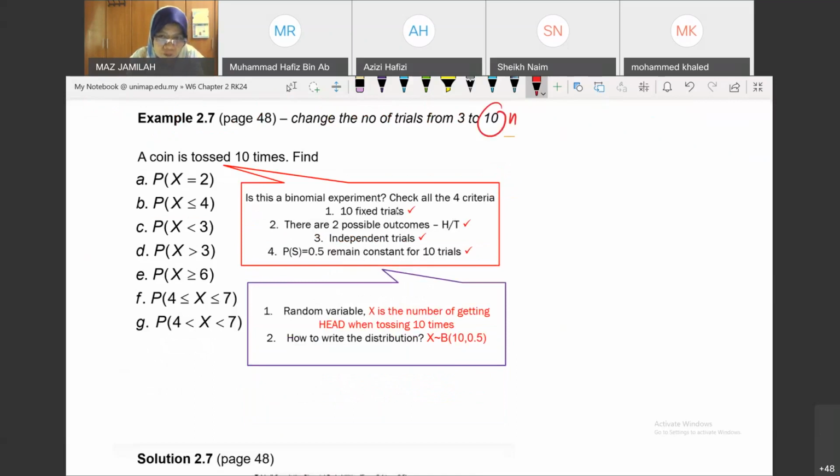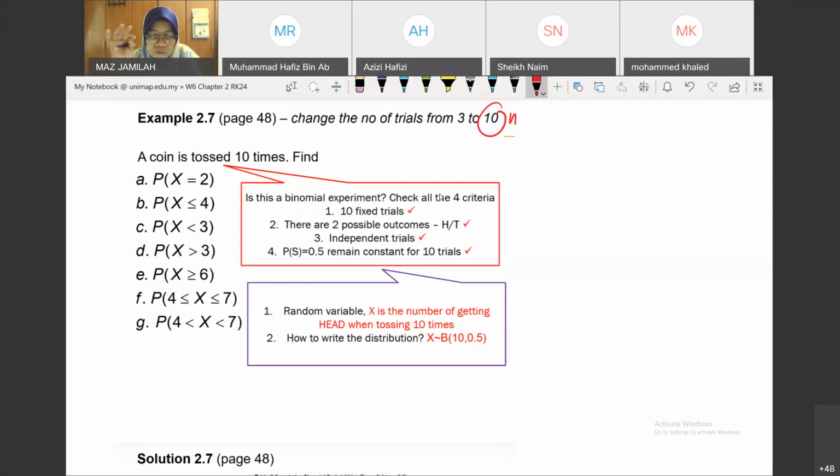First of all, when you get your questions, check whether it fulfills the criteria for binomial. If it does not fulfill binomial, it could be Poisson. If it is not Poisson, it could be continuous. So you have only three: binomial, Poisson, continuous.